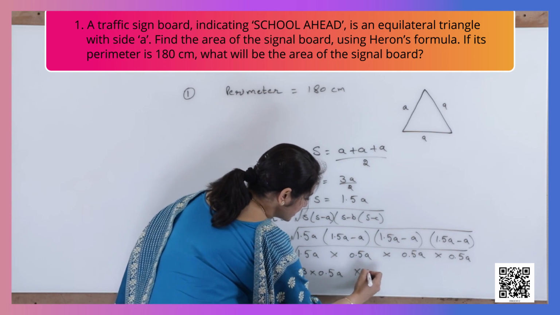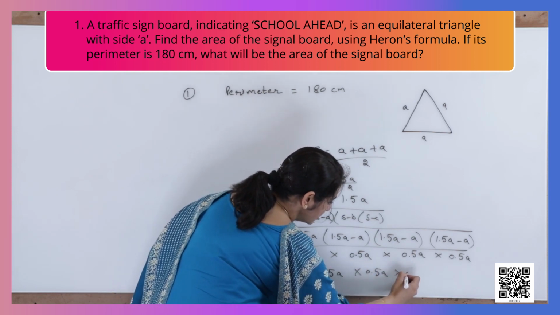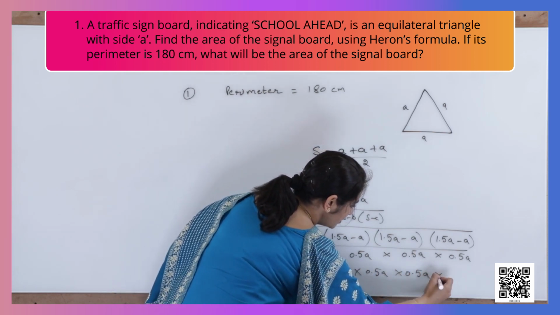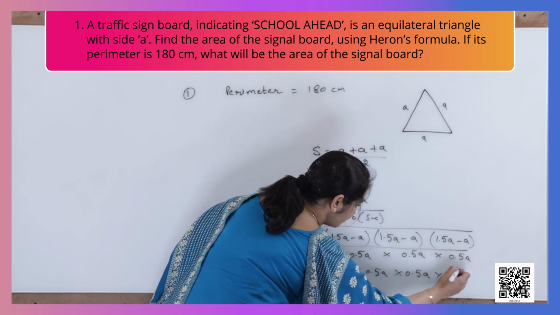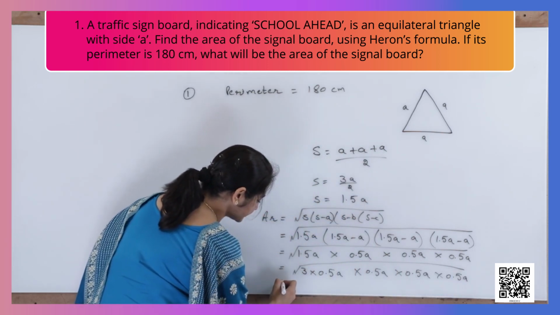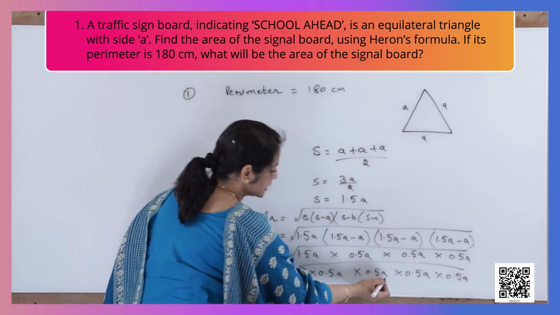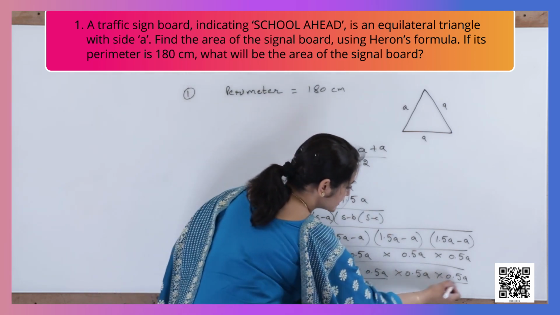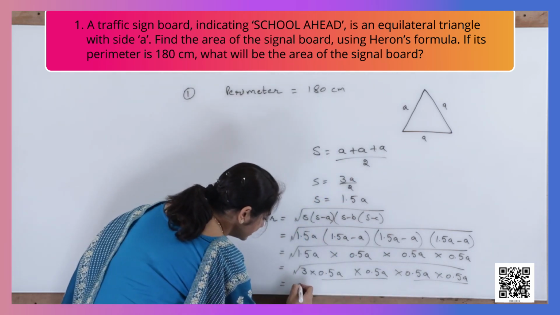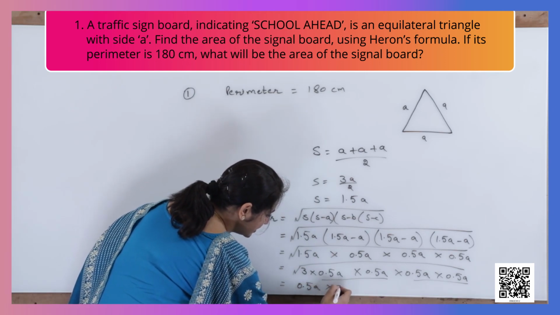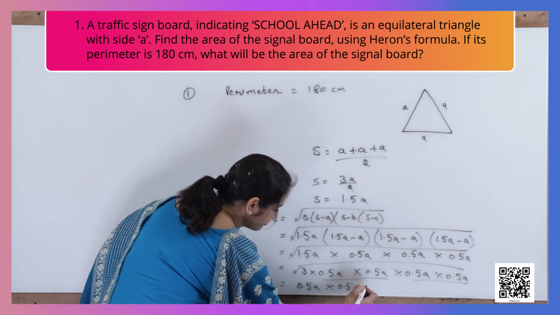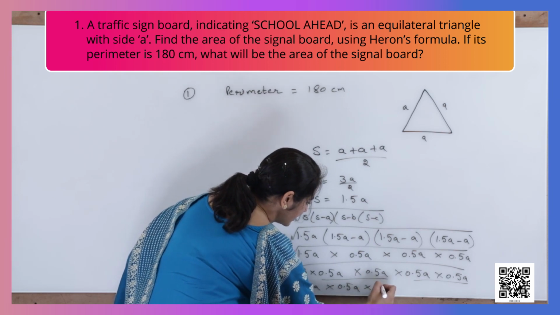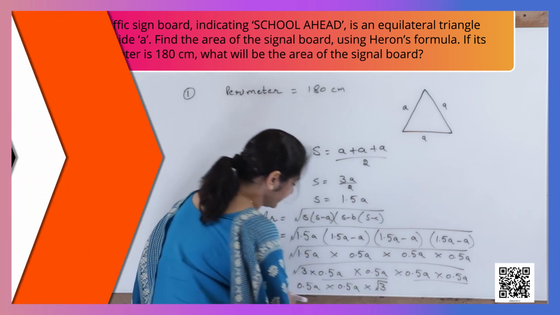This multiplied by 0.5A multiplied by 0.5A multiplied by 0.5A, square root. Now taking one out of these pairs, we will have 0.5A multiplied by 0.5A multiplied by under root 3.